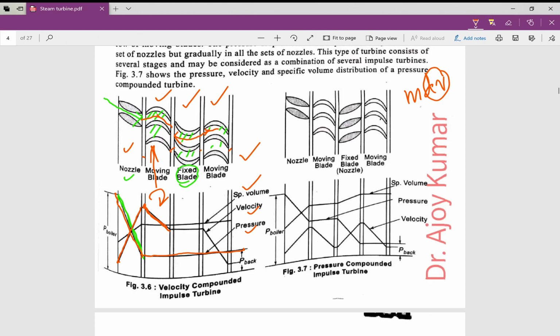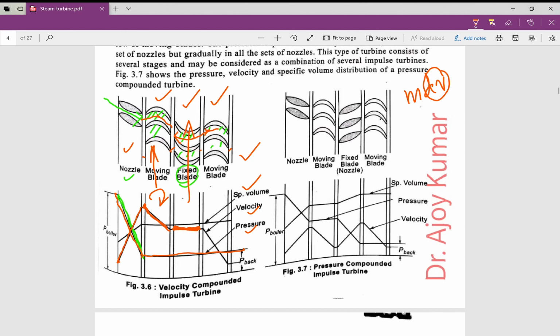Now when it enters the fixed blade, since the fixed blade doesn't produce any work, velocity remains constant. There is a very minor decrease of velocity due to friction between two consecutive blades of the fixed blade arrangement, otherwise it remains constant.